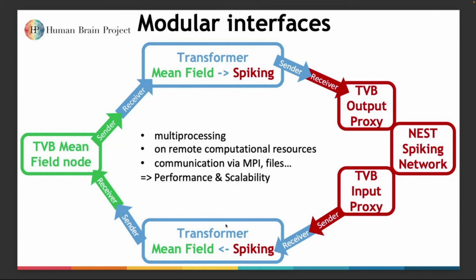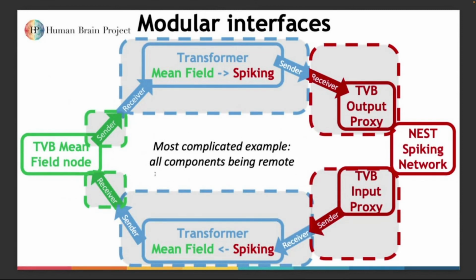So we have, as I said, TVB models, spiking models, proxy models, transformers, and all the other classes that help us send data from one to the other. Now, as I said, what I call an interface class is a class that is composite of different of these components.